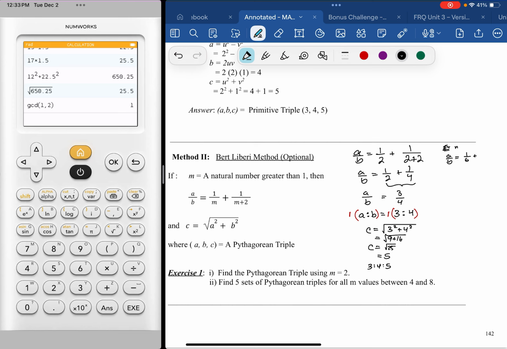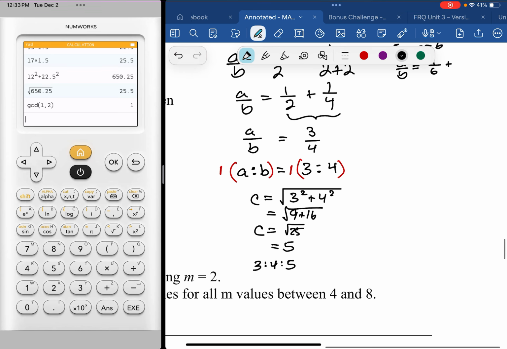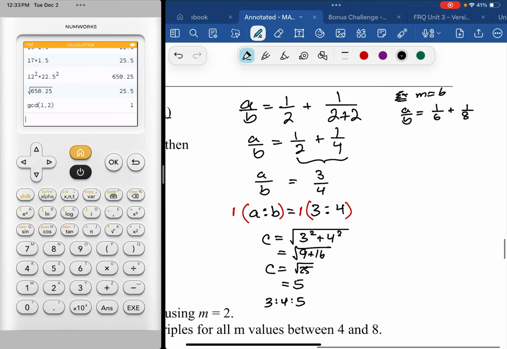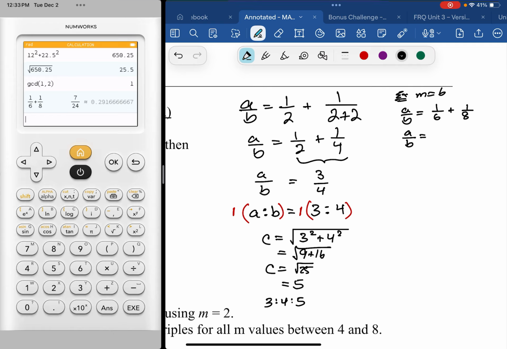So I'll make a little note here. M is equal to 6. And 6 plus 2, so 1 over 8. If I add them together, I'll use a calculator here, I get 7 over 24. A over b is 7 over 24.